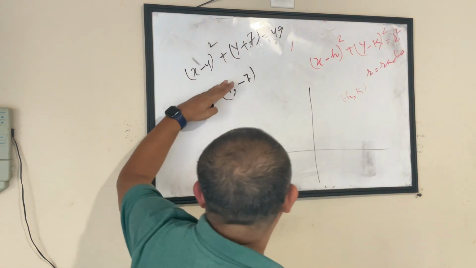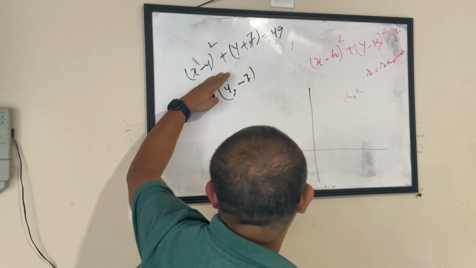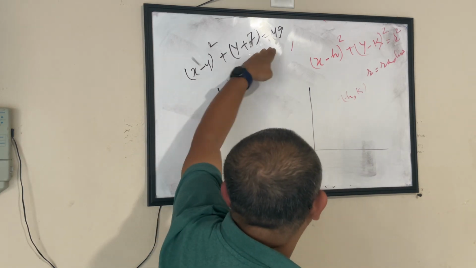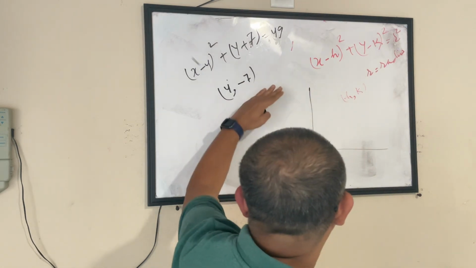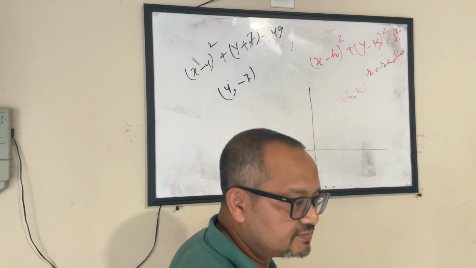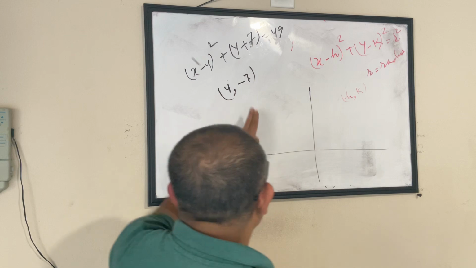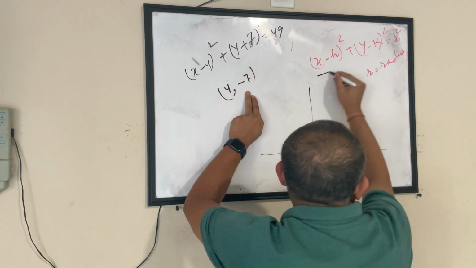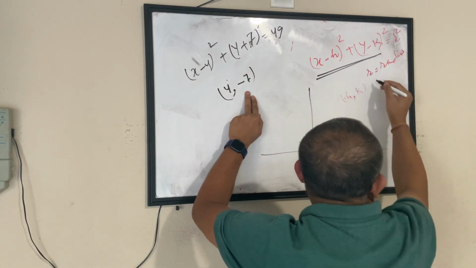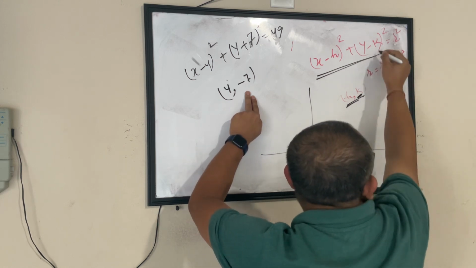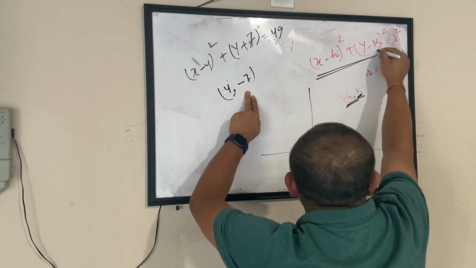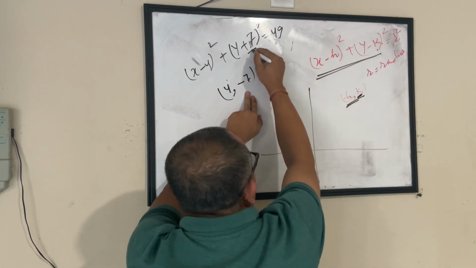I said this is my equation, (x minus 4) squared plus (y plus 7) squared equals 49, the equation of the circle. And I am saying my center's coordinates are 4 and minus 7. Why? Because if you compare that with this, when this is positive, that is where it is minus k. What do we have here? Plus 7.